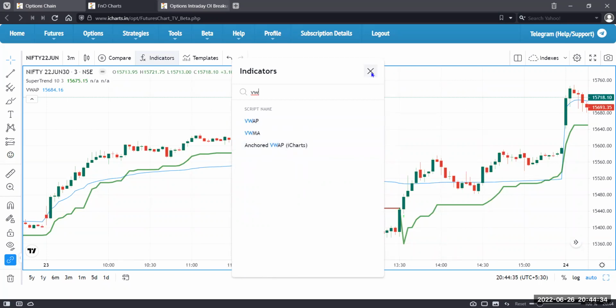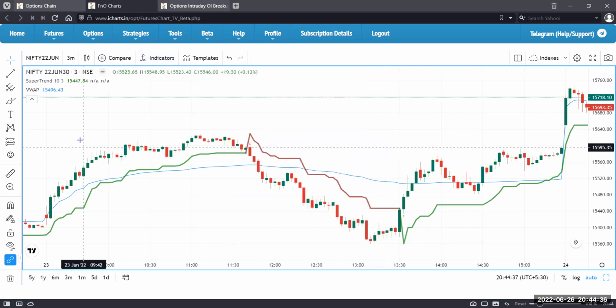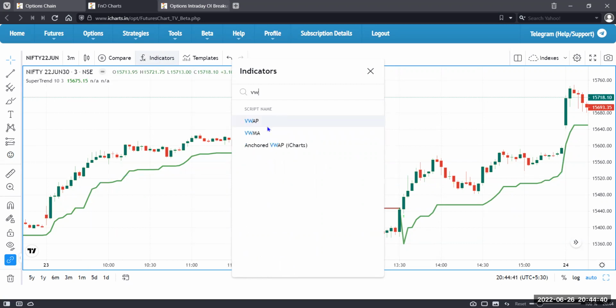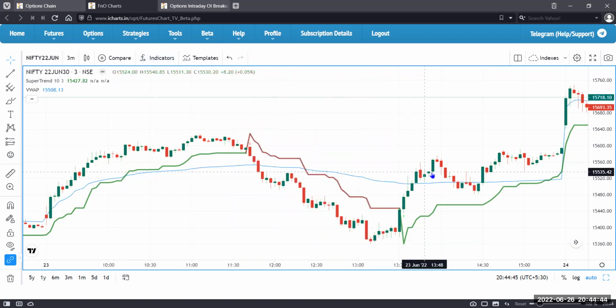You just need to... That's it, nothing else to do. I'm not seeing this red bar, red color. No, this is super trend. Super trend. Okay, yeah. This line is VWAP.